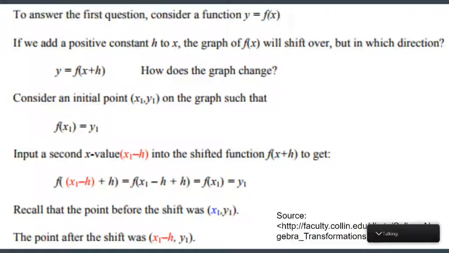But now, since we want to get the same y coordinate, we have to use x1 minus h, shifting it to the left, even though it's x plus h, in order to cancel out those h's and get the same y coordinate. So the point before the shift was x1, y1. Now it's going to be x1 minus h comma y1, because that plus h is going to cancel out with that to give you that original y coordinate. Okay? So that's translating left and right.